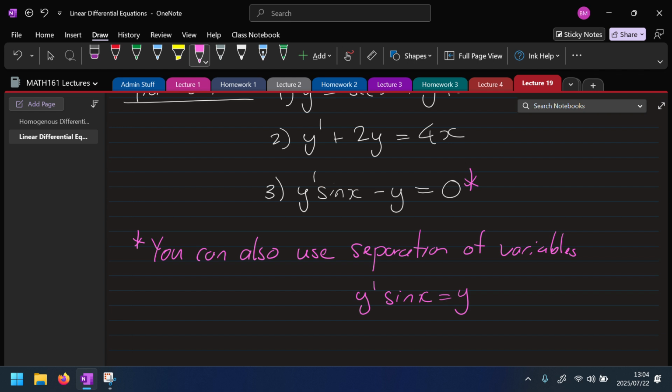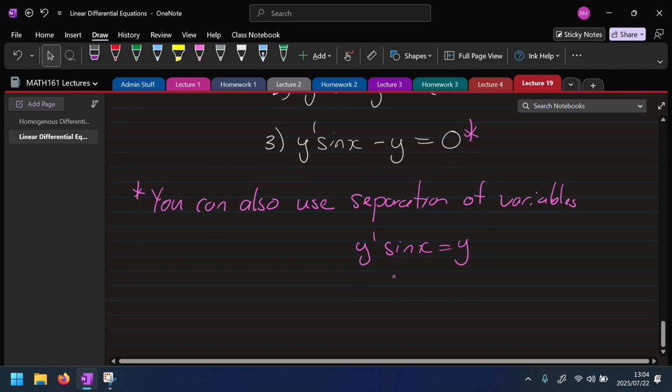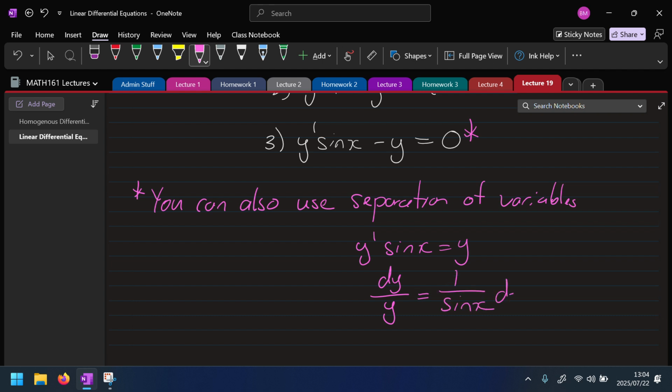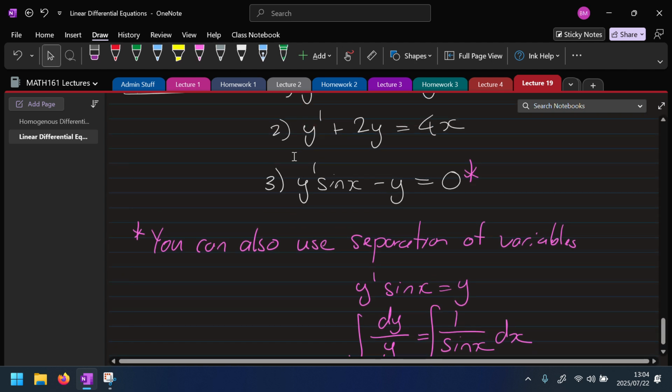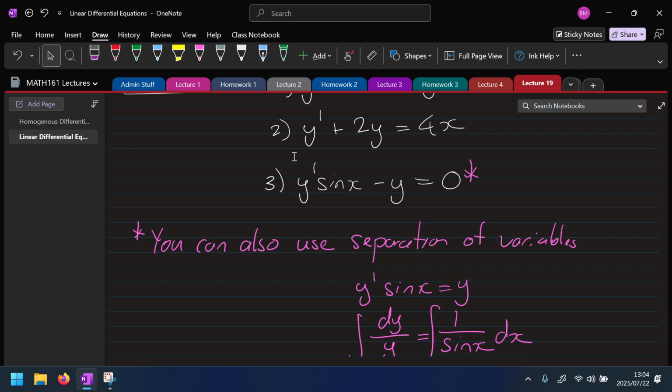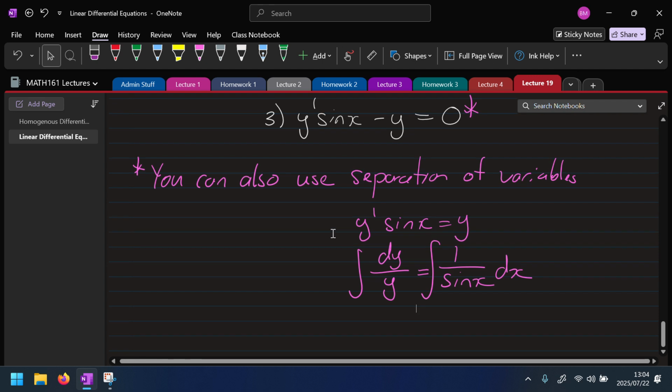Okay. So we're going to have dy over y is equal to 1 over sine x dx. You can do the separation and solve it like that. So for number 3, try it both ways. Try using the integrating factor, see what you get, and then try this way here, where I did the separation, see what you get. You should get the same thing for both.